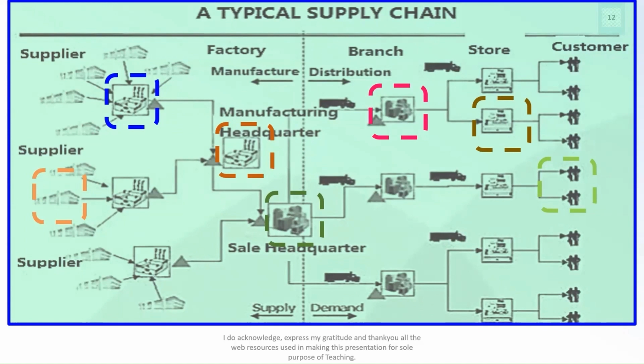And you can see here that, in one scenario, there are a couple of suppliers. You can see the blue square, okay?